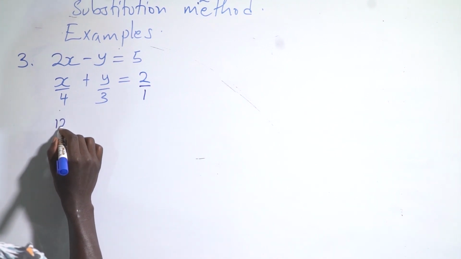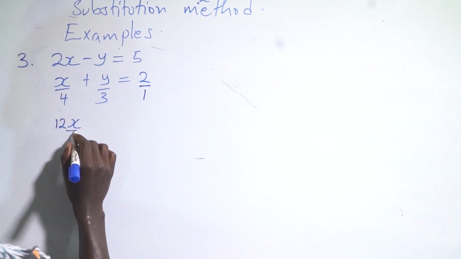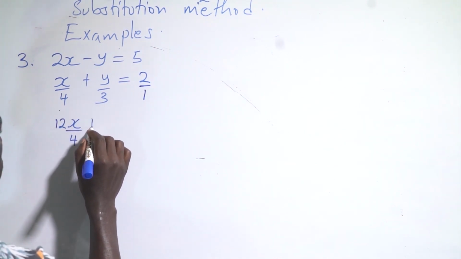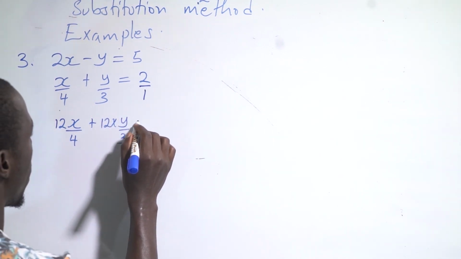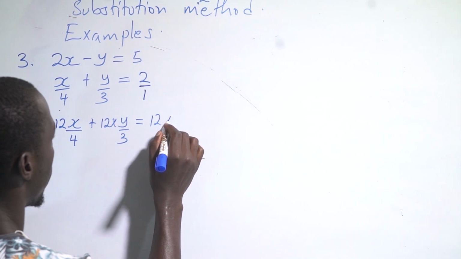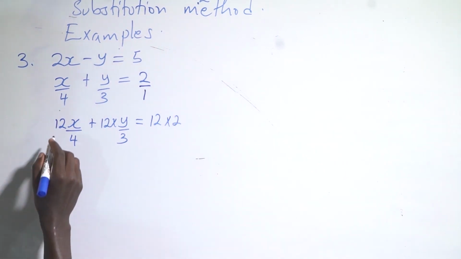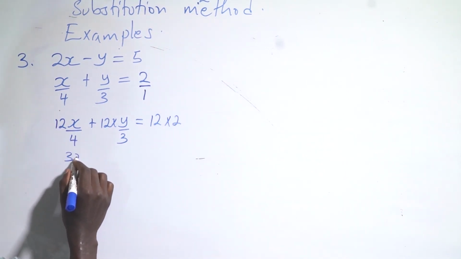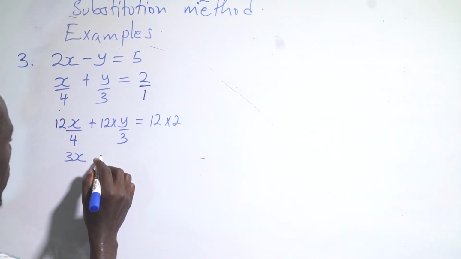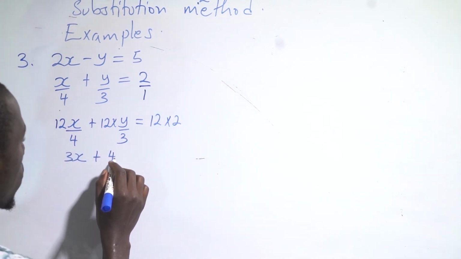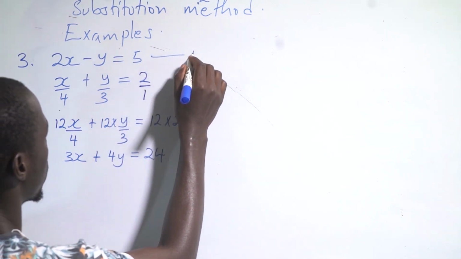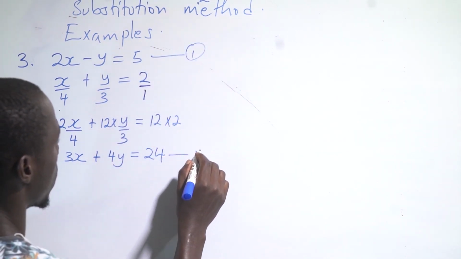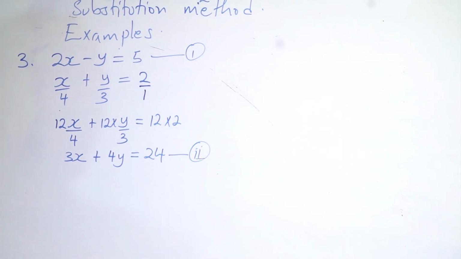So when I get the 12 and I multiply it throughout, this one here is going to be 3x, then plus the 4y is equivalent to 24. That is equation 1, and then equation 2.